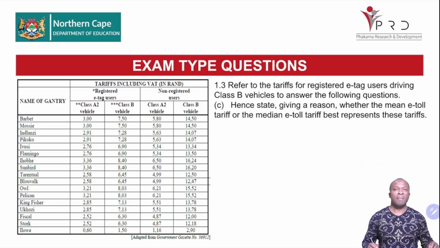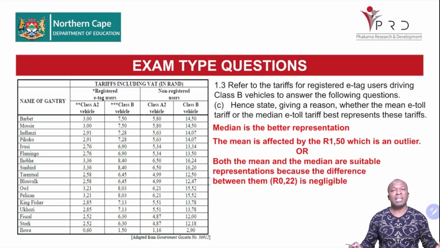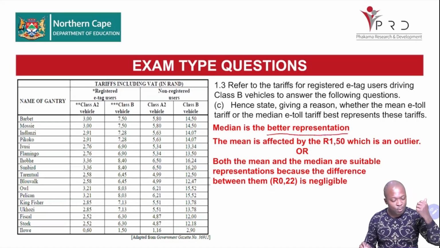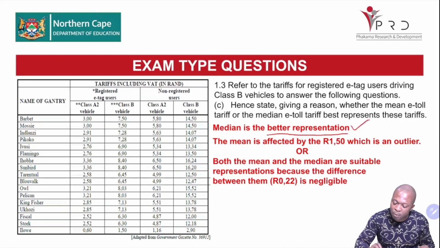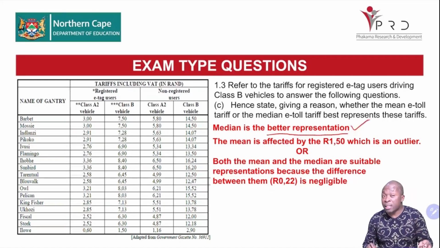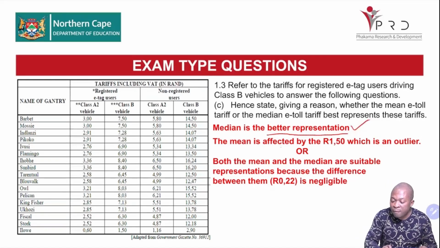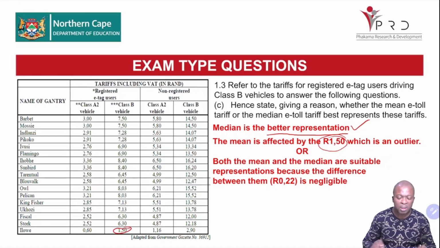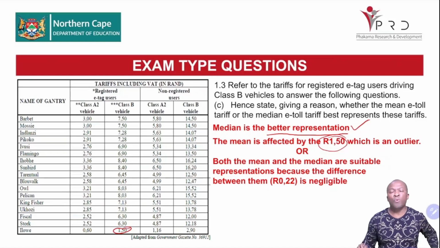Okay, welcome, my learners. So this is how I wanted you to respond. The median is the better representation. If you chose the median, good. You find that the examiner will give you 1 mark. Then what is the reason? The mean is affected by the 150, which is an outlier. Can you see we have 750, but then this country which charges only 150 is too far away.